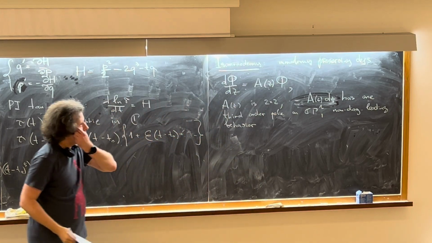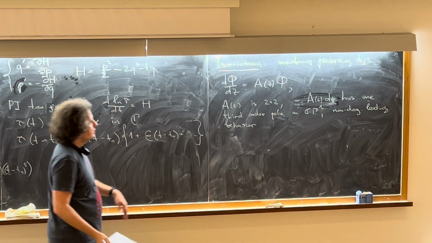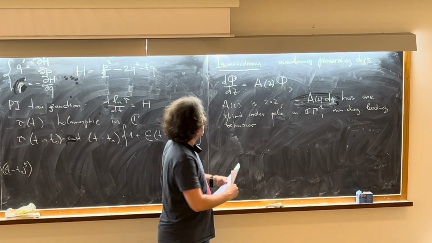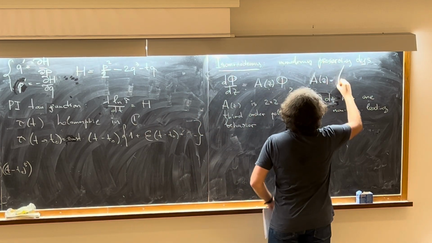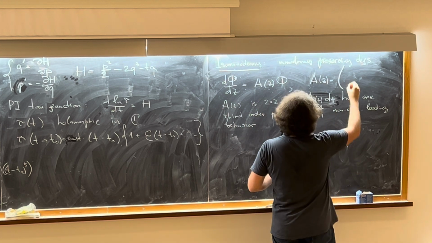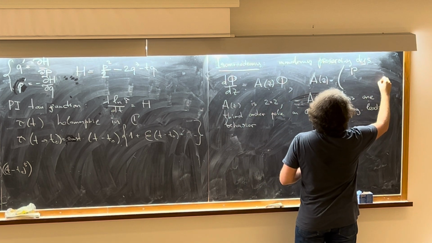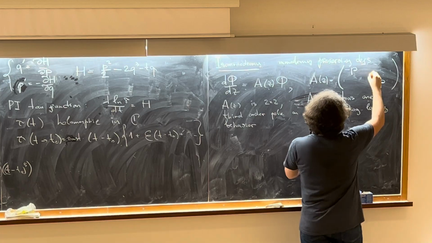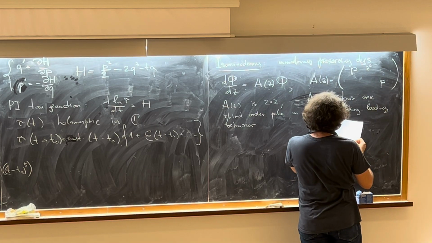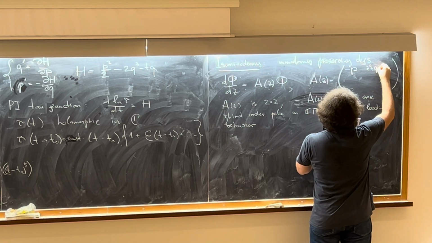And so now if you use projective transformations to put this pole at infinity, you can actually parameterize A of z in the following way. I will not explain why I introduce these letters in the way I introduce them.